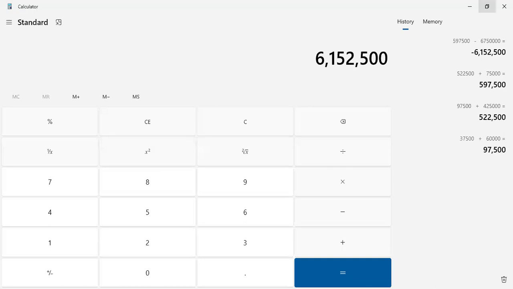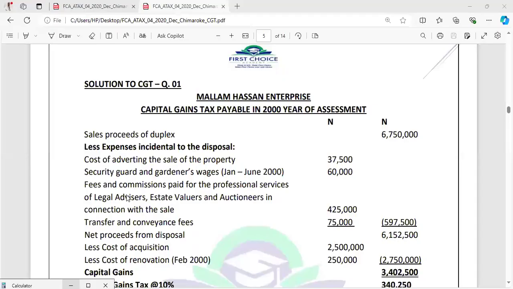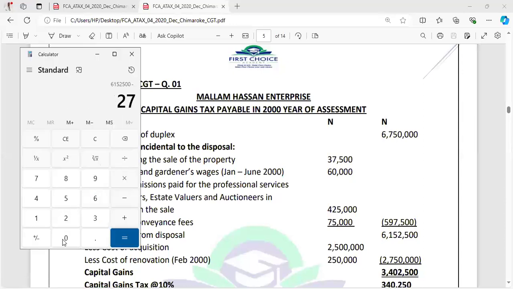Now when we bring this 2,750,000 and take it away from 6,152,500, we are going to get 3,402,500. Now if we apply 10%, which is 0.1, you have 340,250.